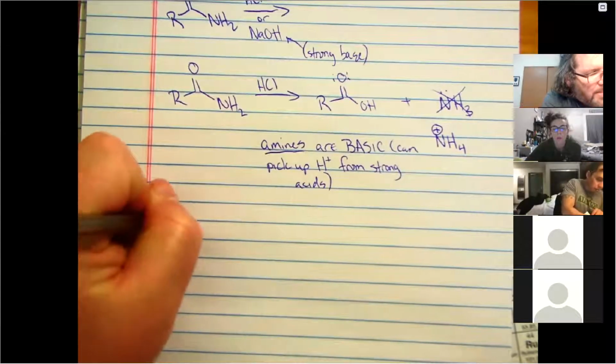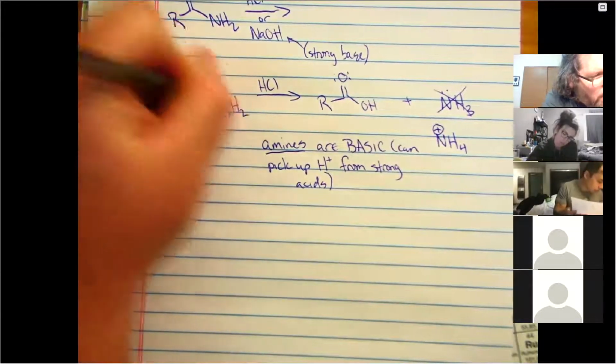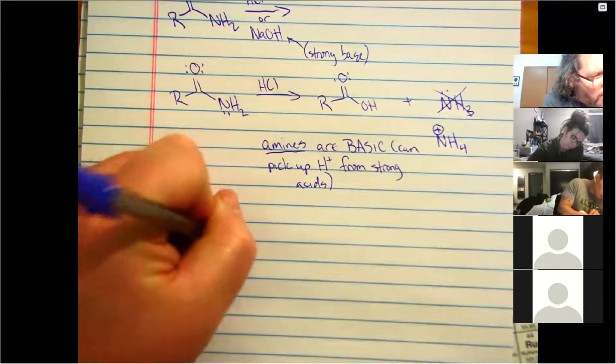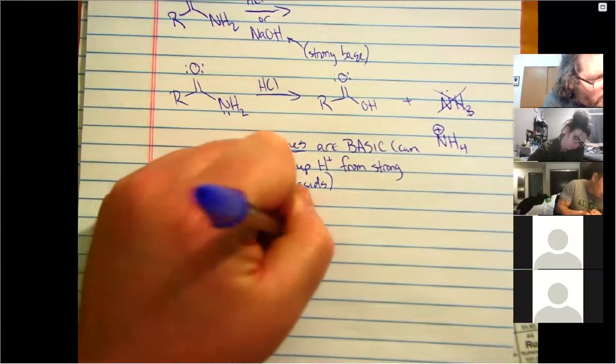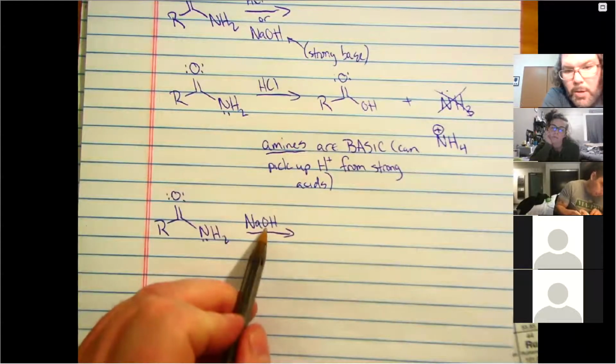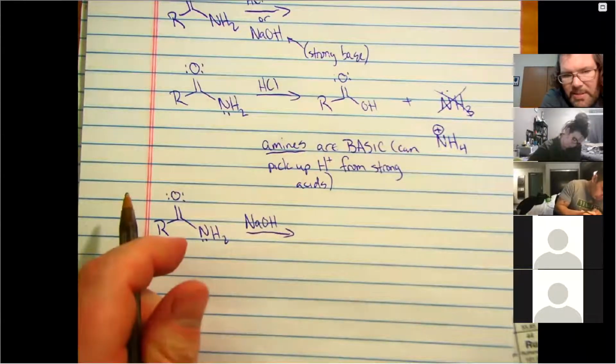So let's think about the same kind of reaction, but instead now, we're going to do the reaction in basic conditions. Remember that hydroxide, OH minus, is a very strong base.